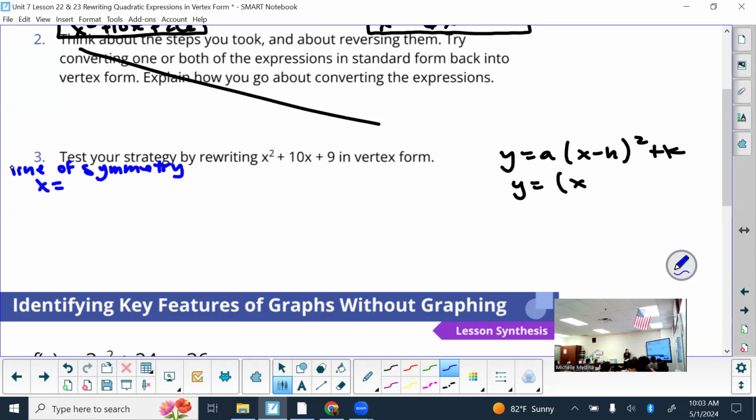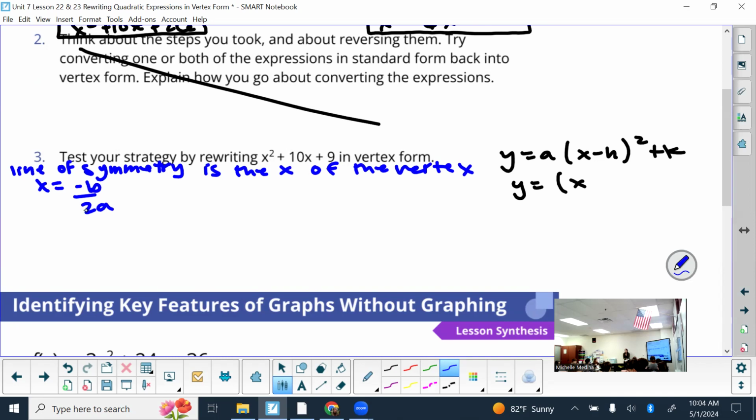Since we know the line of symmetry is always the x of your vertex. So my line of symmetry formula is x equals negative b over 2a. The line of symmetry is the x of the vertex. And you can see your A, B, and C from standard form.